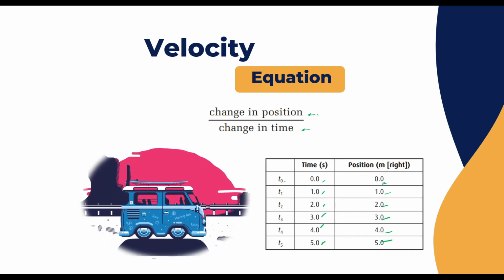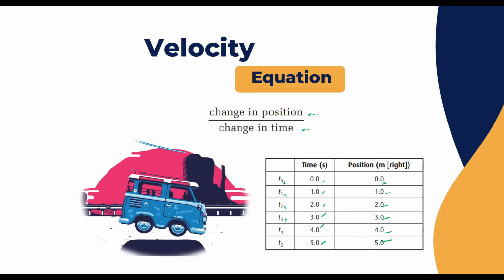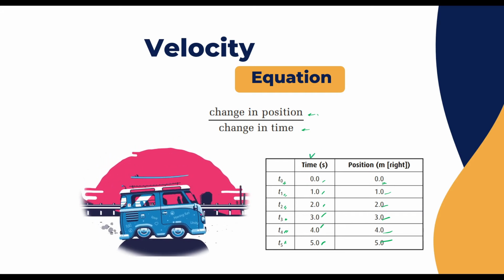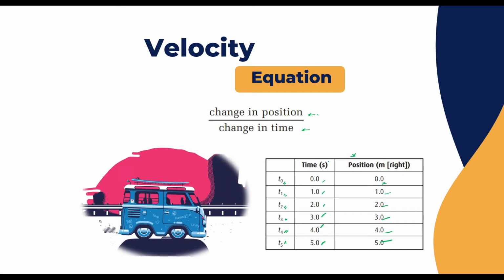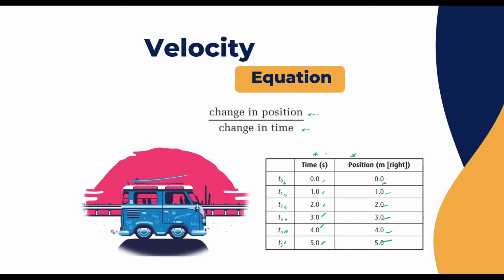We called those t0, which is the time at location 0, t1 the time at location 1, location 2, 3, 4, and 5. So we have the position of the ball and the time when the ball was at that position. And that is all you need to define velocity.